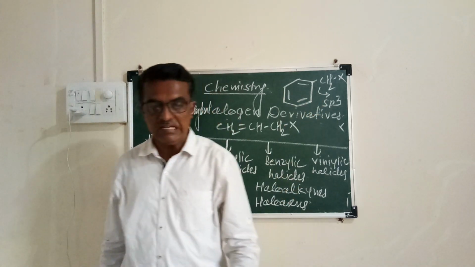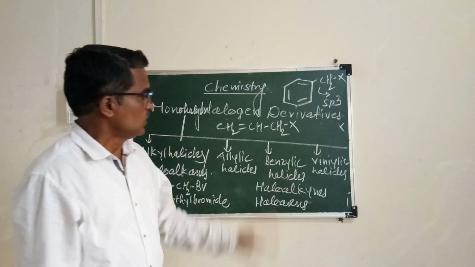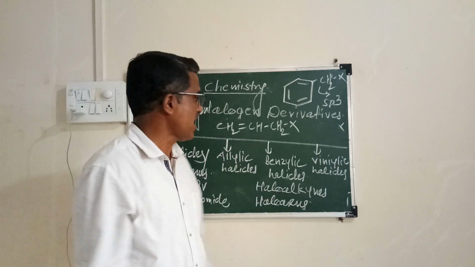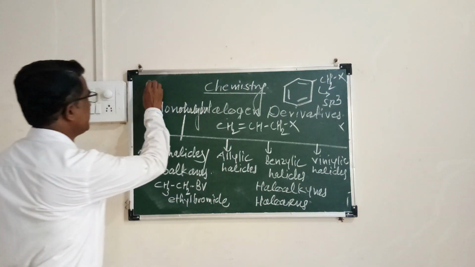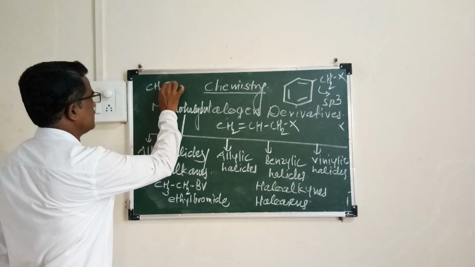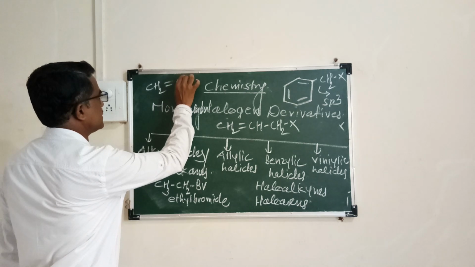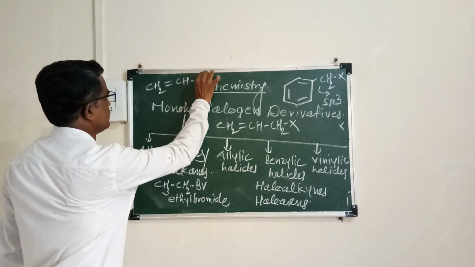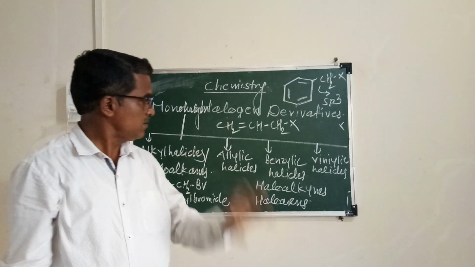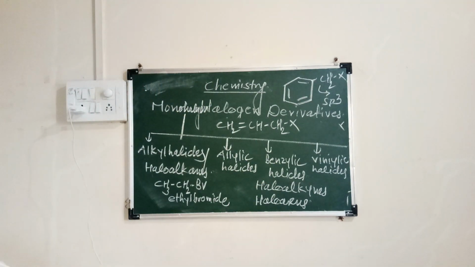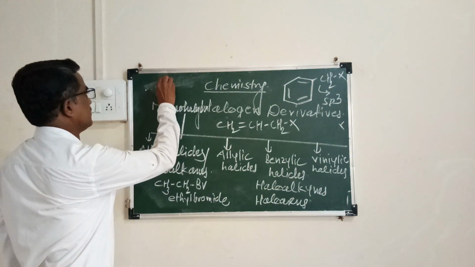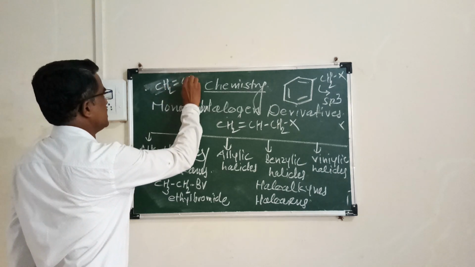Now in vinylic halides, the halogen atom is attached to the carbon atom which is in sp2 hybrid state. The example of vinylic halides: CH2=CHX.